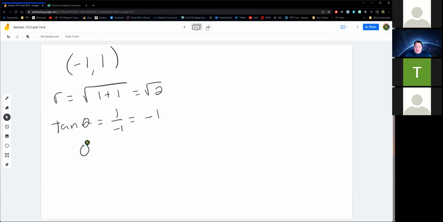So theta still is -pi over 4. The problem is that's in my fourth quadrant, and -1, 1 is in my second quadrant. Okay. So we've got to pick a point that would work in the second quadrant.